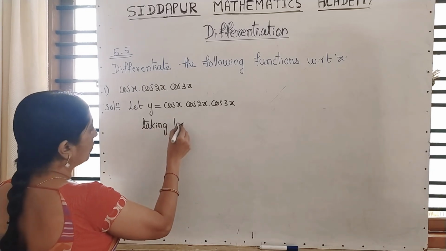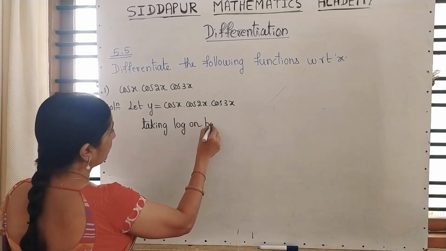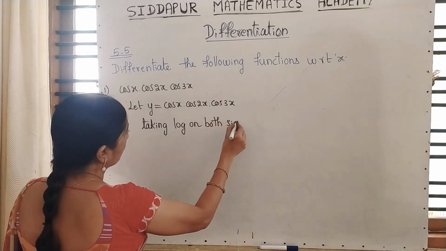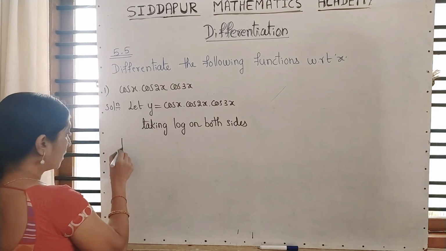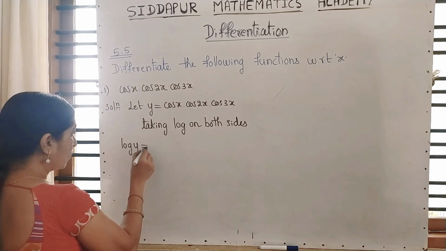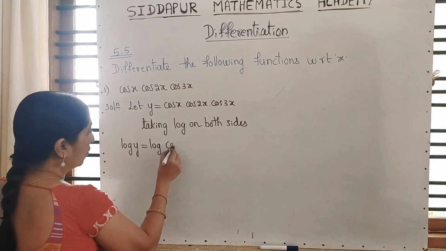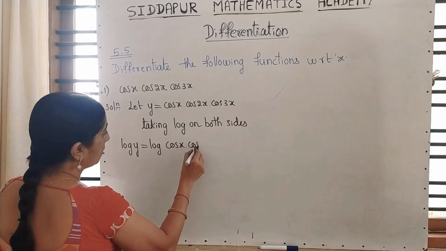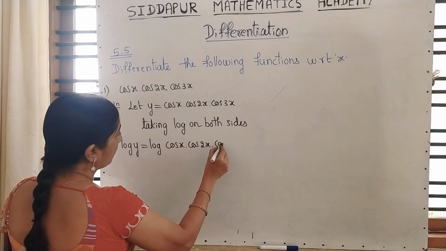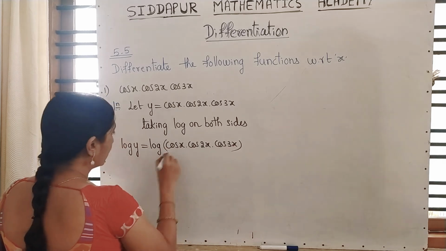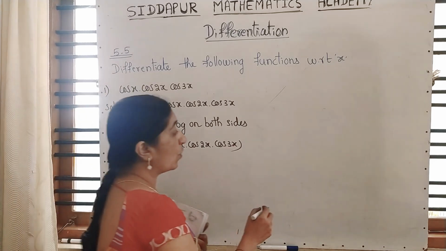Taking log on both the sides, it is log y is equal to log cos x into cos 2x into cos 3x. What is the property of log mn?